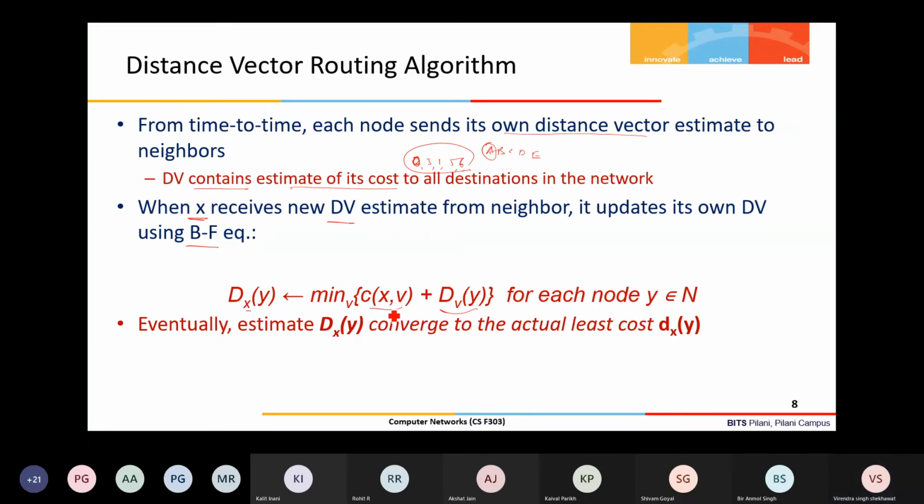Basically, this node X receives a distance vector from V. So this is d_vy, from the node V it receives the distance vector for the destination Y. So the V to Y cost is this, and then the node which is receiving this distance vector will find the cost.